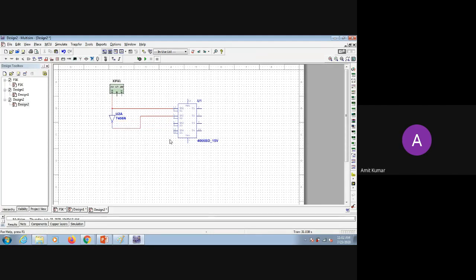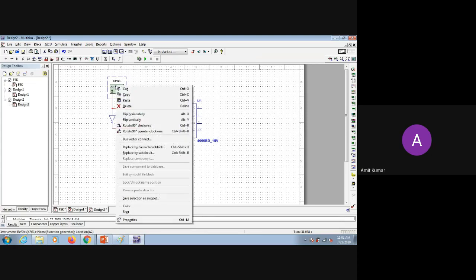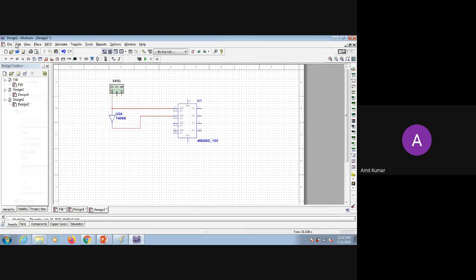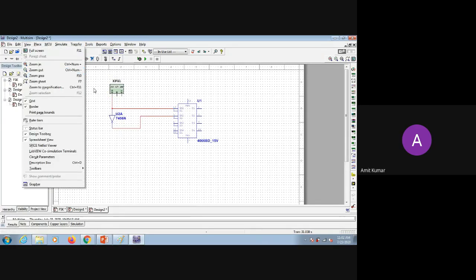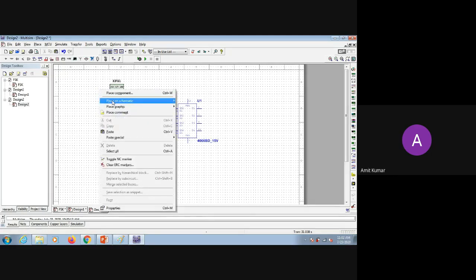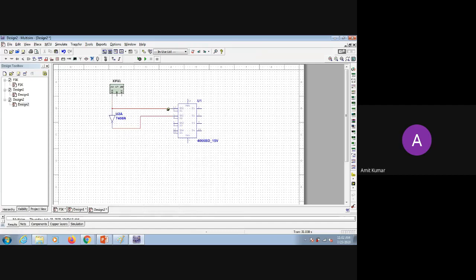So we have connected these things. So this is our data switch.